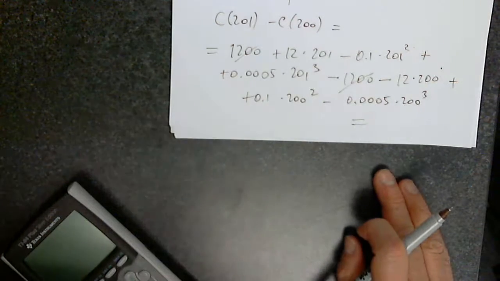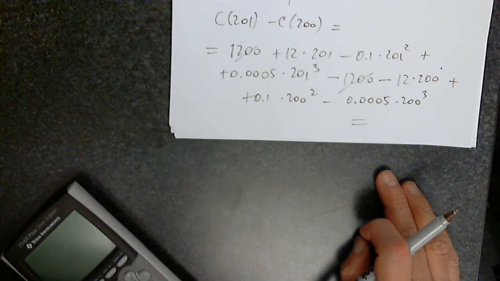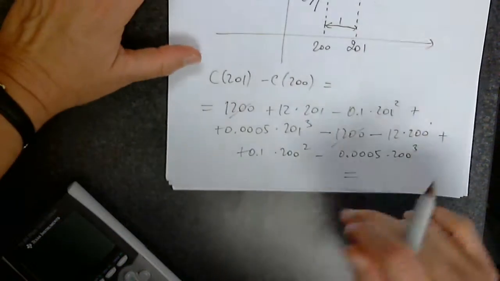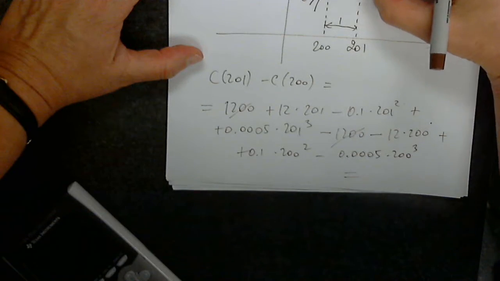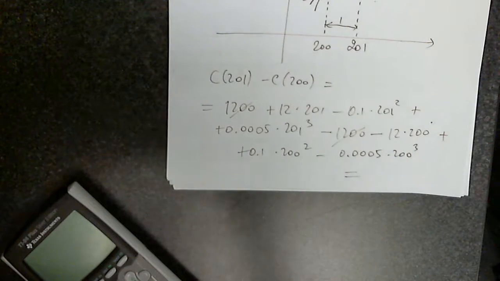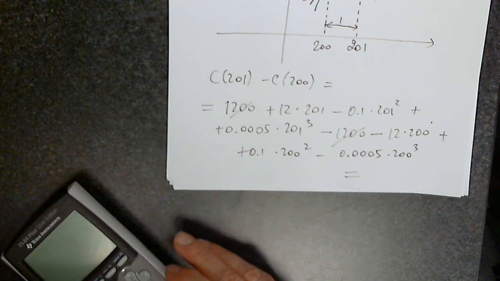So I want to find this number. What should I get? 45? 5? No. What should I get, really? Close to what? I'm comparing this distance to this distance. So what should I get? Close to 0?